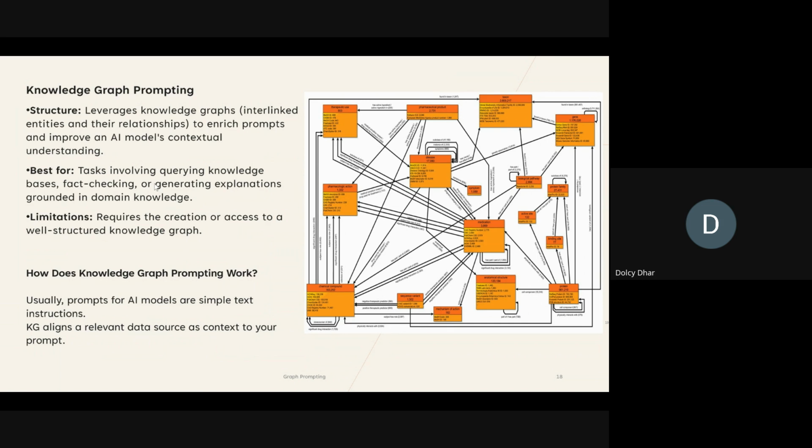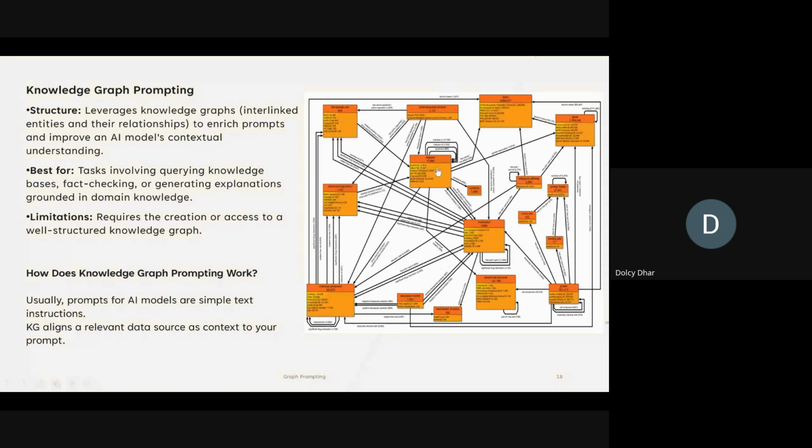So let's move on to knowledge graph. Like I discussed, knowledge graph prompting can usually mean that you have an existing knowledge graph that you can leverage. Suppose I want an answer to what the symptoms of a particular disease are. Depending on my question, the LLM will move on to that particular node.